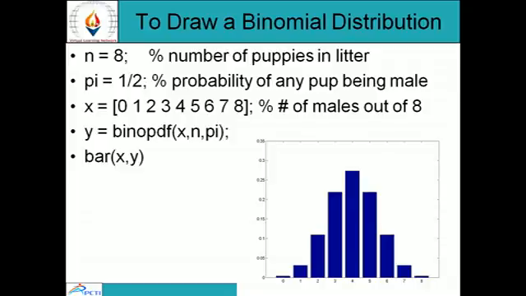for 0 males, 8C0 (1/2)^0 times (1/2)^8, that means 1/256. For 1, 8C1 (1/2)^1 and (1/2)^7. For 2, 8C2 (1/2)^2 (1/2)^6. For 3, 8C3 (1/2)^3 (1/2)^5. For 4, 8C4 (1/2)^4 (1/2)^4, once again.